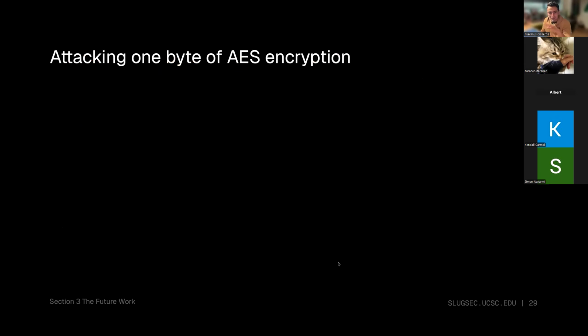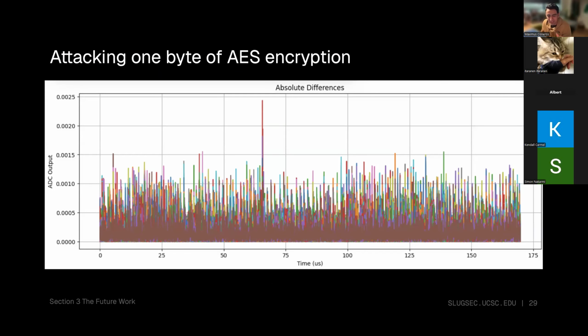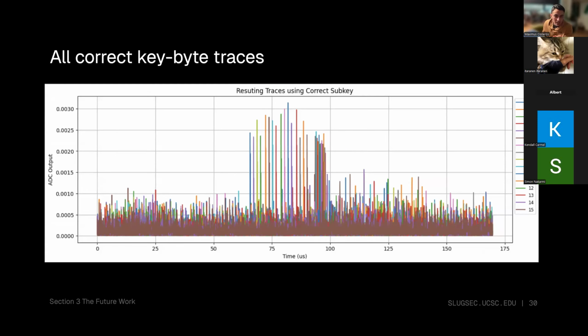So this is what it looks like in practical reality. This red trace right here corresponds to the correct byte of the key. Currently, we're only examining a single byte of the key and guessing it correctly. In reality, we need to guess all the bytes of the key in order to recover the full key, in which case all the correct traces would look something like this.